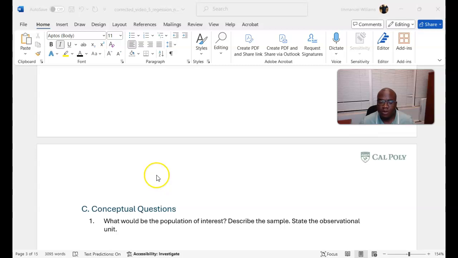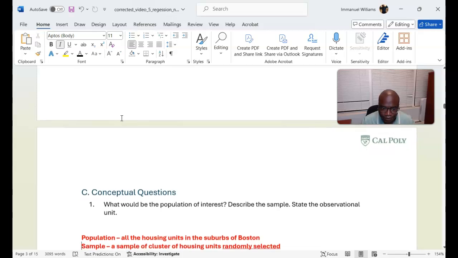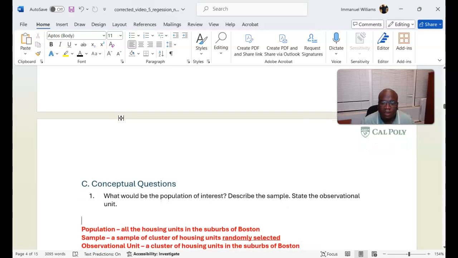Let's go ahead and answer some of these questions then. What would be the population of interest? Describe the sample. State the observational unit. So the population would be all the housing unit clusters in the suburbs of Boston, a sample of clusters of housing units randomly selected, and then the observational unit is going to be a cluster of housing units in the suburbs of Boston.